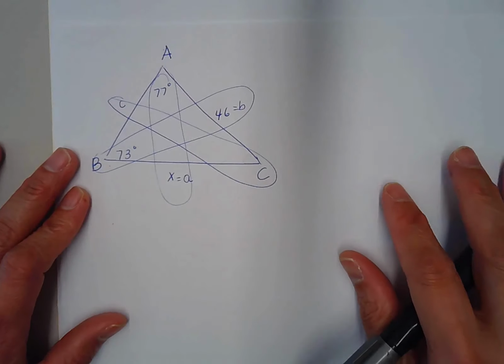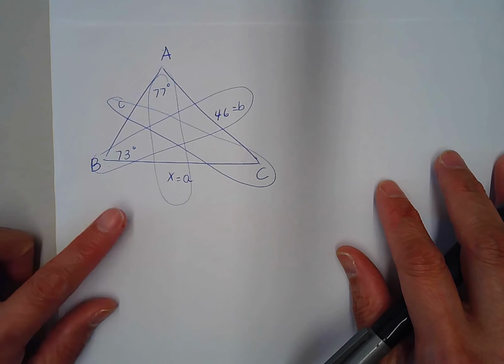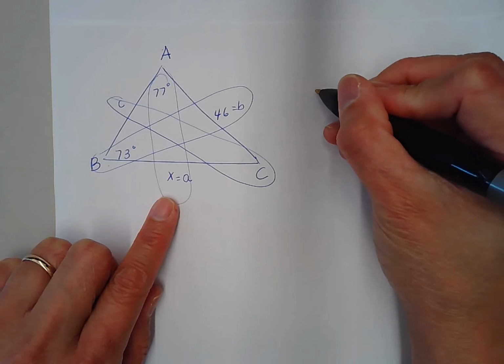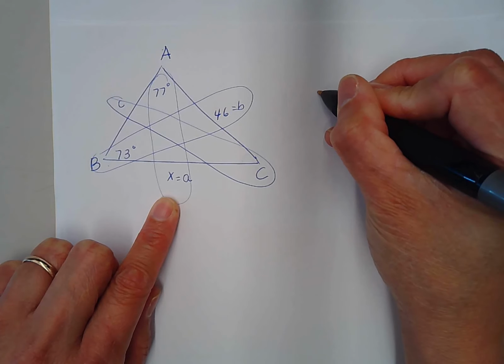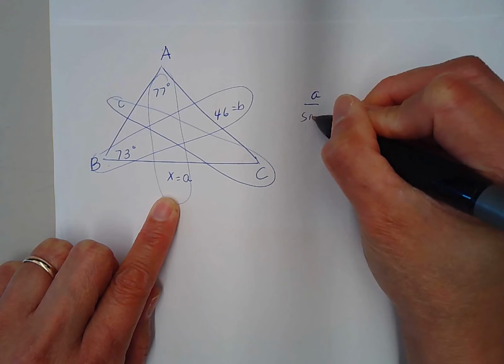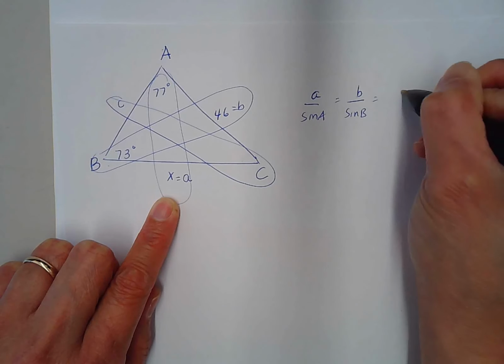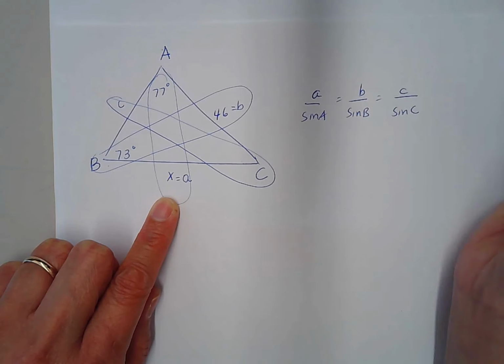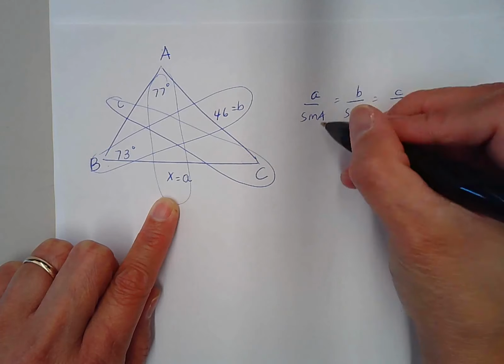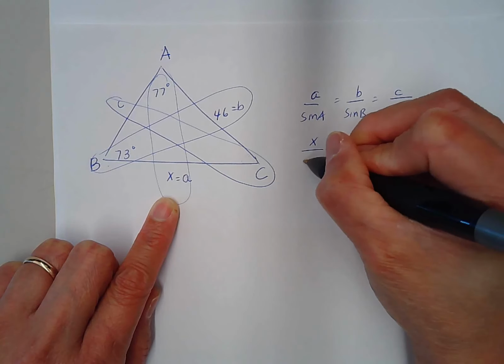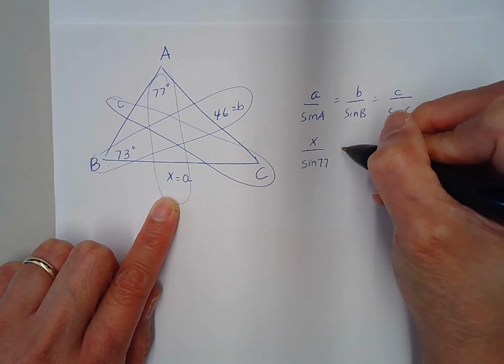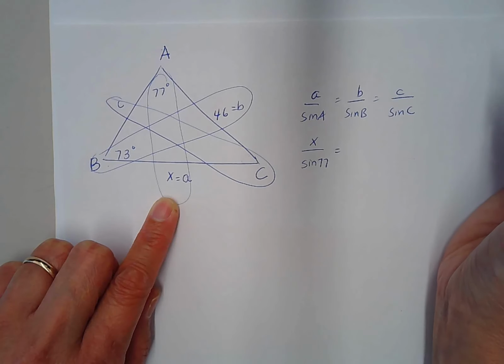Okay, so if I were to write this down, I would write A over sine of A, B over sine of B, C over sine of C. So A, that's my x over sine of 77, right?